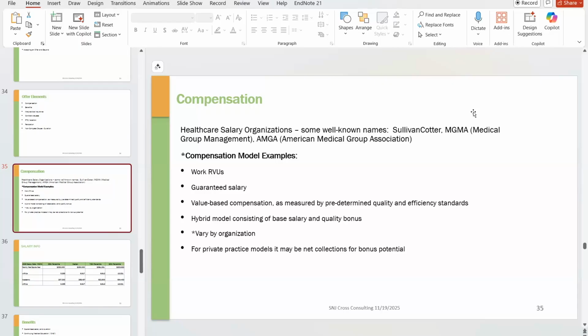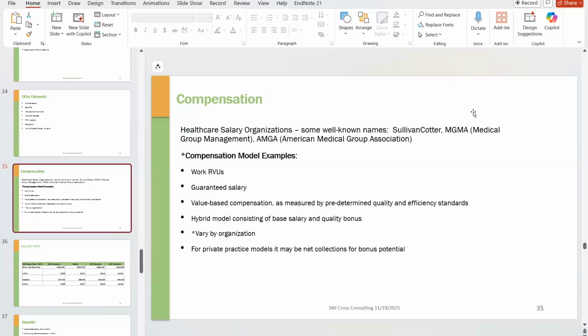They used to have several clinics, and then there's VillageMD, which has been bought out by Walgreens. So you typically see the value base under those scenarios. And then there is a hybrid, which is the mix of the base salary and quality bonus.